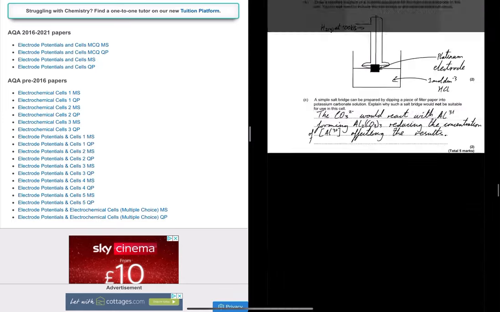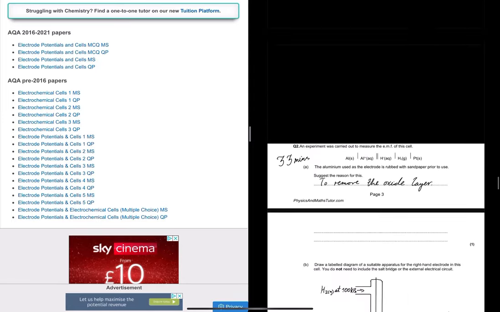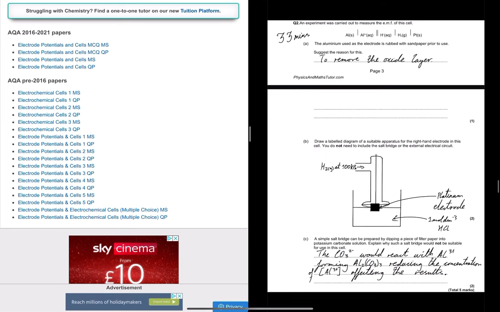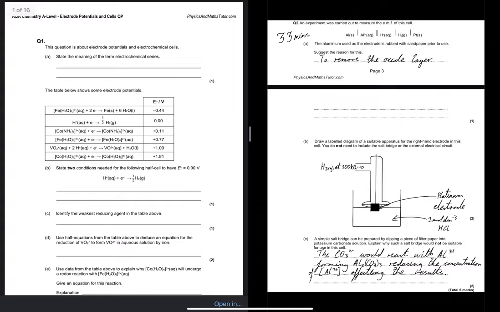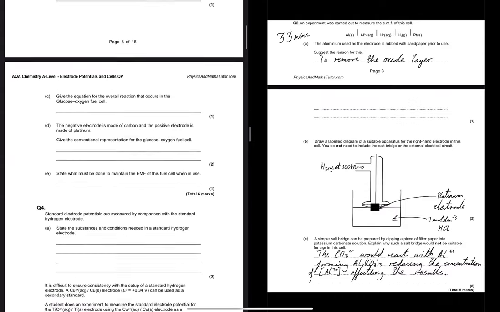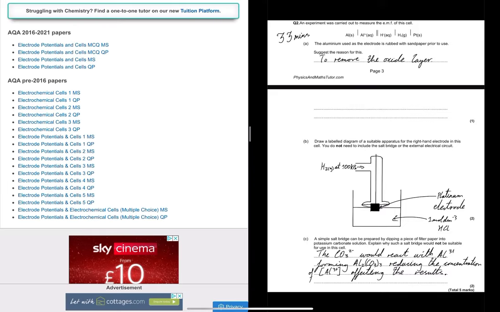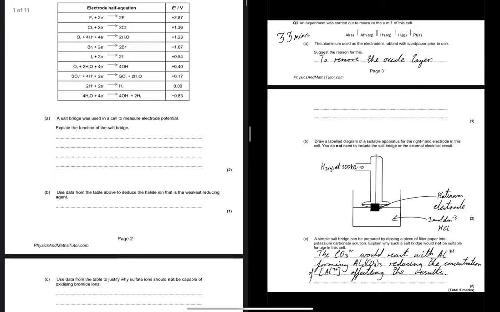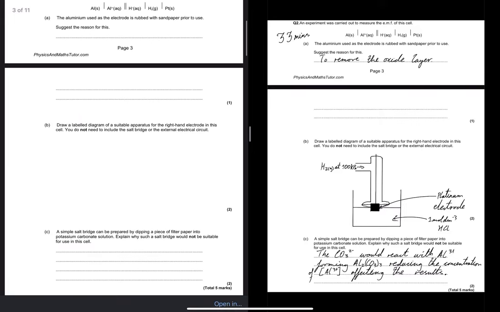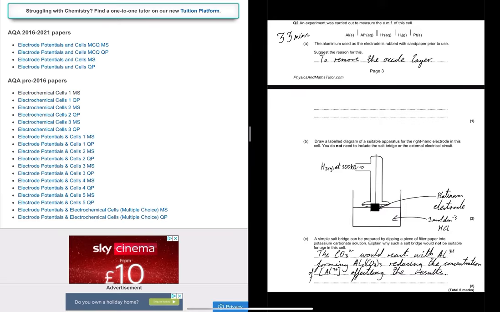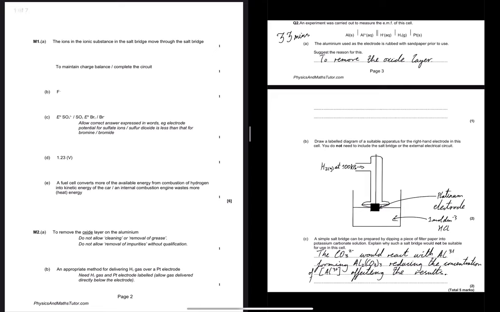I don't remember where I took this question from. Let's just hope I took it from here. Yes, I did take it. Hold on, my battery's going to go out, so I need to get my charger.